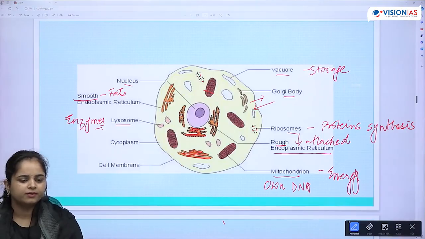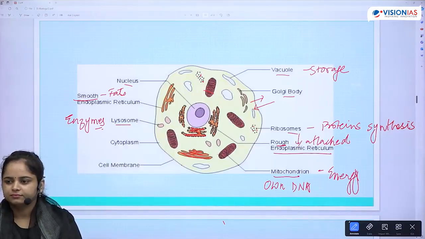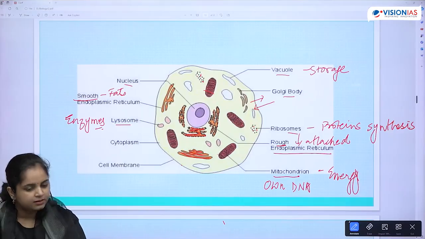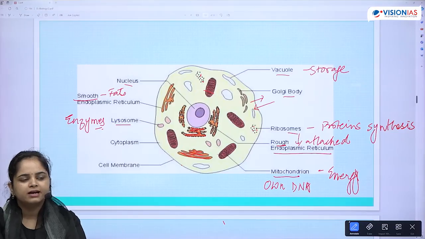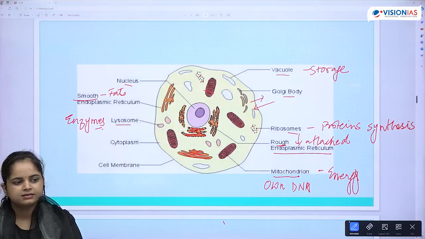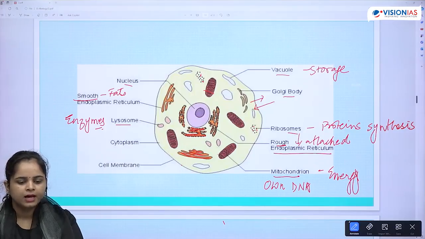Then mitochondria. It contains its own DNA and is the site for energy production within the cell.